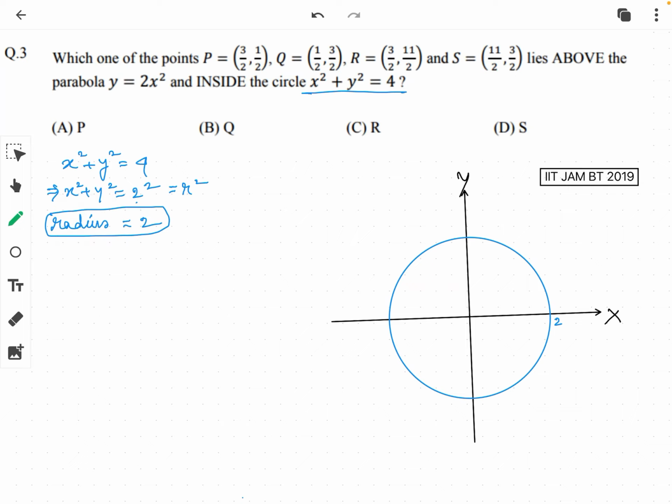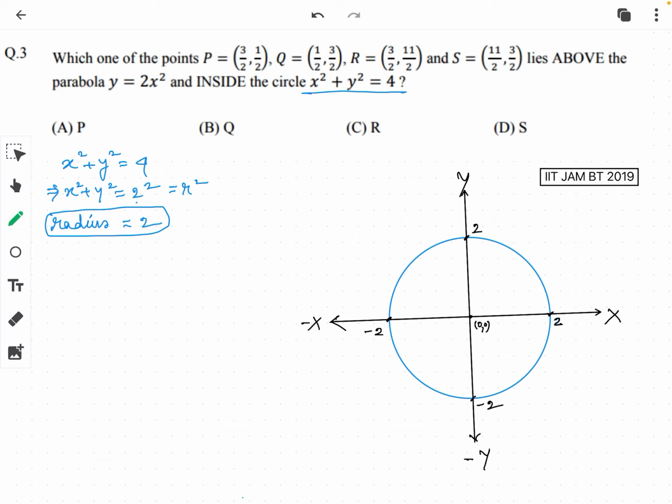This is y axis, this is negative x axis and this is negative y axis, right? And this is the origin, that is 0, 0. So along x axis this point is 2, along minus x axis this point is minus 2, this point is plus 2 along y axis and this point is minus 2 along minus y axis, right? That's how the circle has the radius of 2.